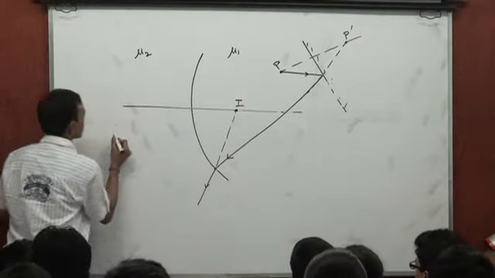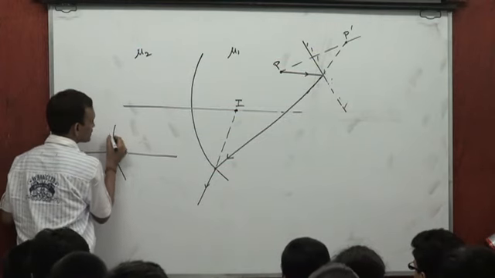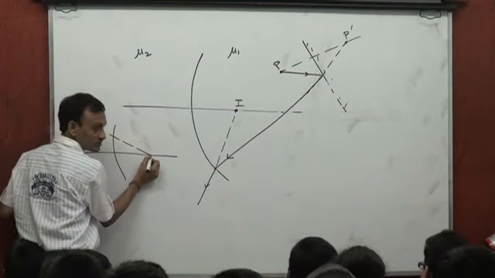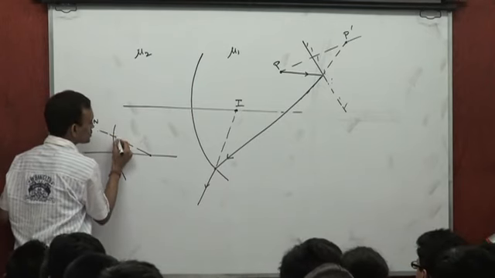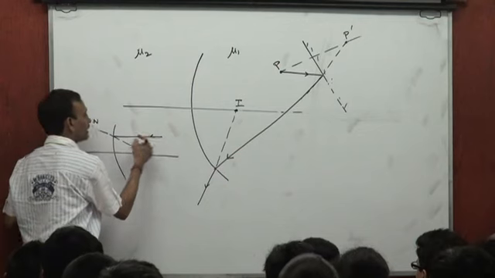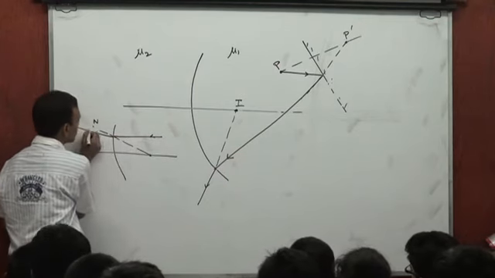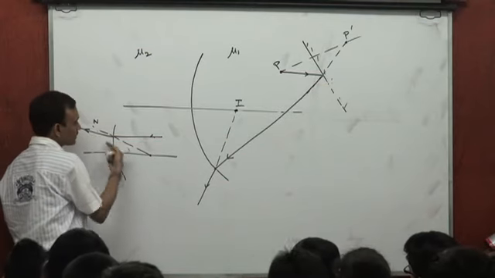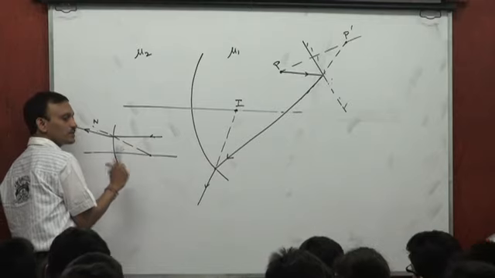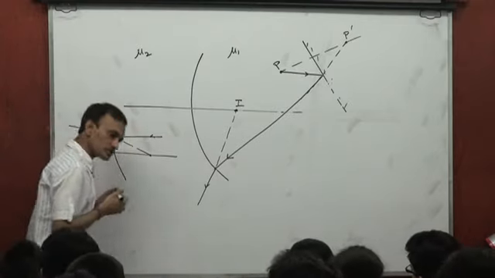For example, if this was a curved surface and this was the normal at the point of incidence, and this was a certain incident ray passing from a rarer to a denser medium, it will bend towards the normal. That will always apply, irrespective of the nature of the surface. From a rarer to a denser medium, it bends towards the normal. From a denser to a rarer medium, it bends away from the normal.